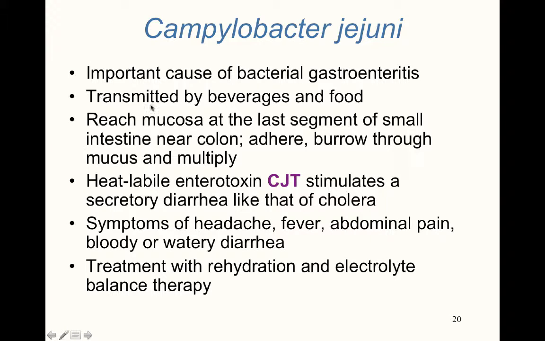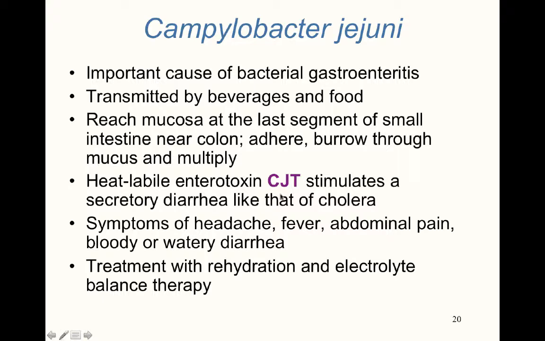So jejuni is an important cause of bacterial gastroenteritis. It is transmitted by contaminated beverages and food, specifically raw beef. This particular pathogen will reach the mucosa at the last segment of the small intestine near the colon, so the jejunum. It will attach, adhere, burrow through the mucus, and multiply.